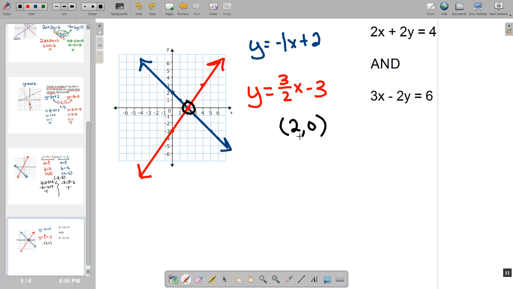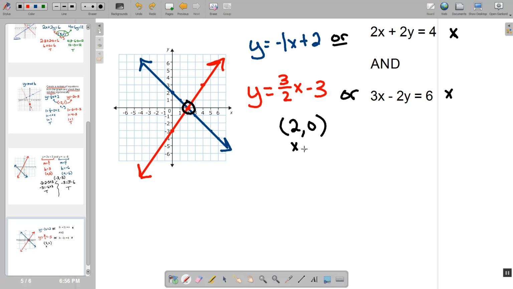Now we have to check our solution algebraically by plugging it back into either equation. And now we have an option, because these equations are equivalent and these equations are equivalent. You can actually plug it into either, but I'm going to plug it back into the two original equations just to show you that. Most people plug them into the y equals, and that's totally fine.